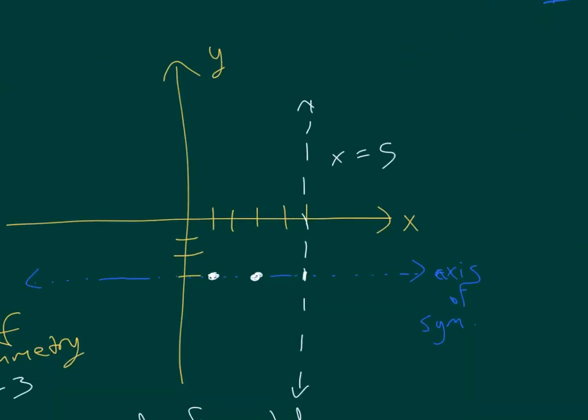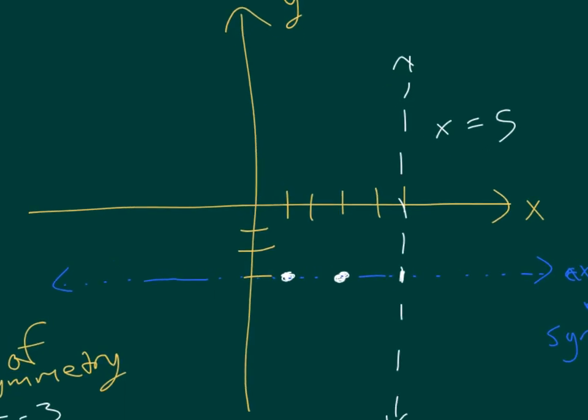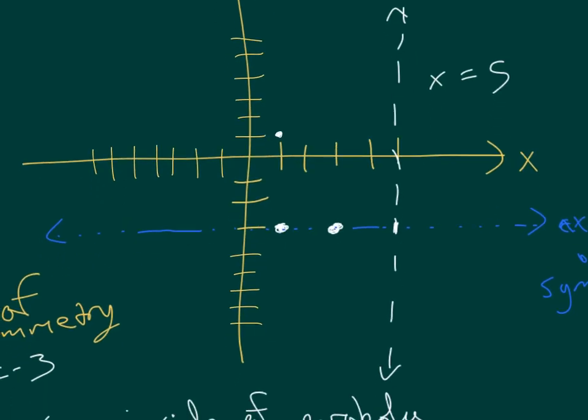Alright, let me fill in a few more lines on my grid here. Okay. Alright, and we had the points 1, 1, and then we also had the point 1, -7 right there.